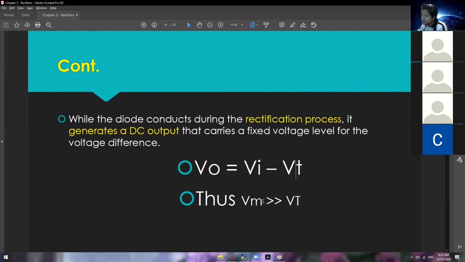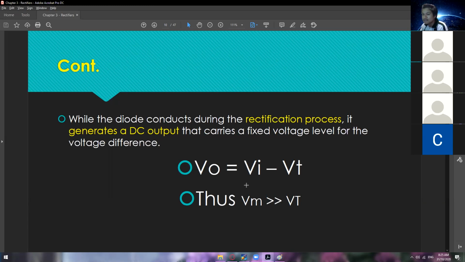So as always, VM should be greater than our voltage threshold. Because if not, it means you don't have enough voltage input on that part. So you should always have 0.7 volts and above as your initial voltage, because or else it will not conduct a current.